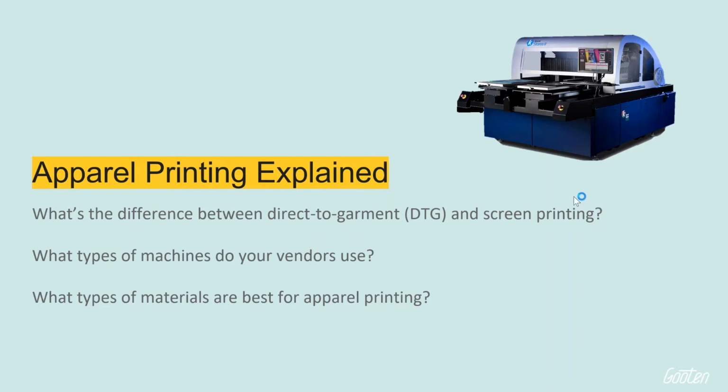An underbase is a layer of white ink underneath the artwork to really make the artwork pop on the finished product. Now, seeing as screen printing is limited when it comes to one-off orders, DTG is actually a great way to print on-demand orders. And the prints are much more detailed.